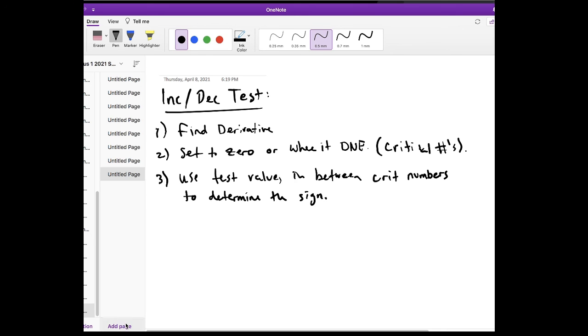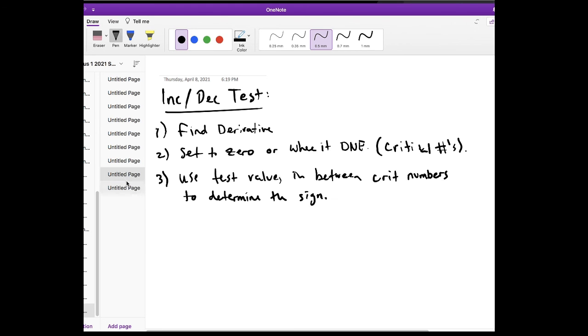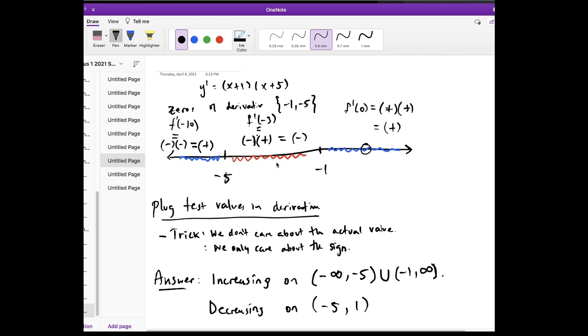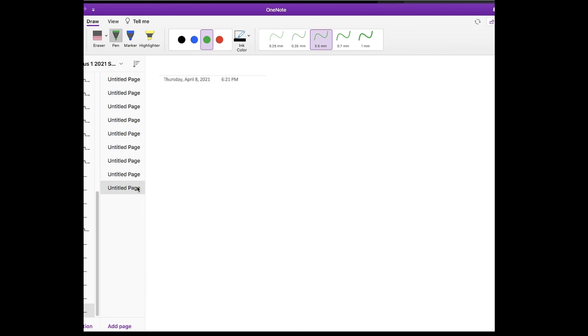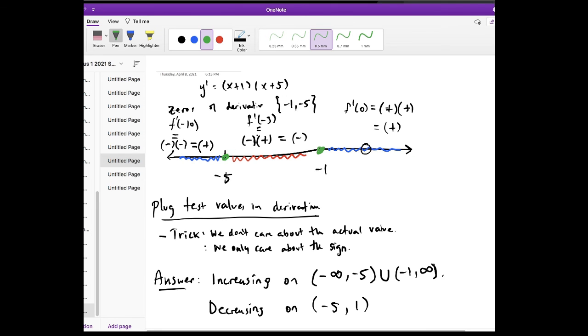Okay, so as you imagine, or maybe have been thinking about, this test should be helpful for finding maxes and mins, right? We know when the derivative is 0, or at a critical number, that's where maxes and mins might occur. So we pretty much have done everything to determine if something is a max or min.